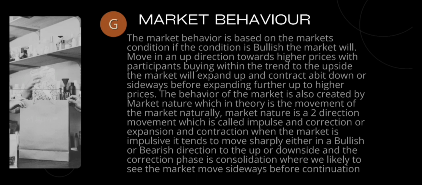The behavior of the market is also created by market nature. If you're looking at market behavior, you need to align it with market nature, because market nature is how the market moves naturally, which is impulsive or corrective. Impulsive is the market moving up in a clean direction.